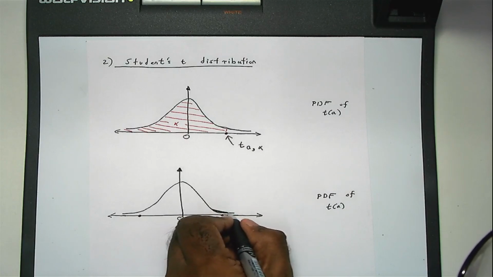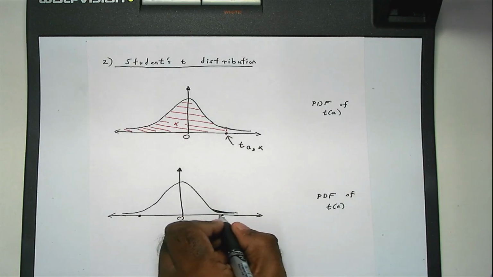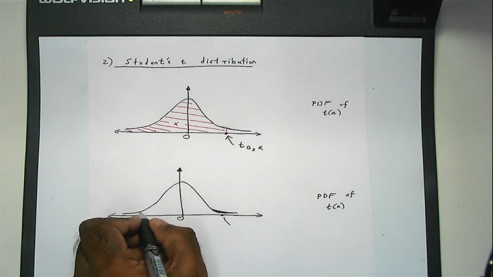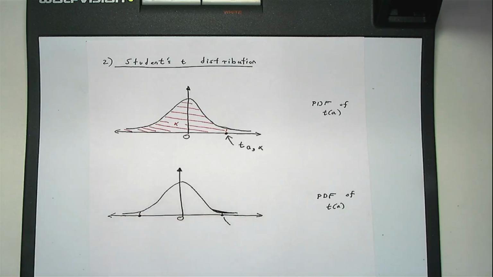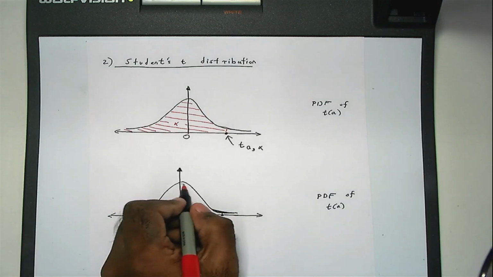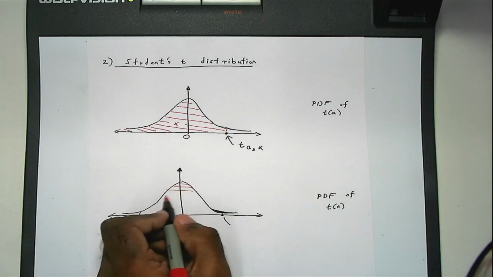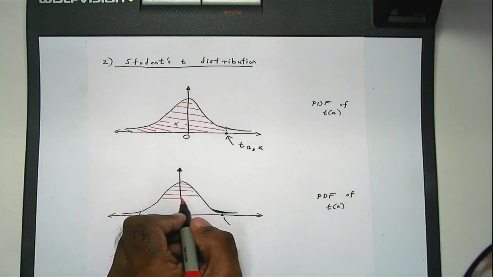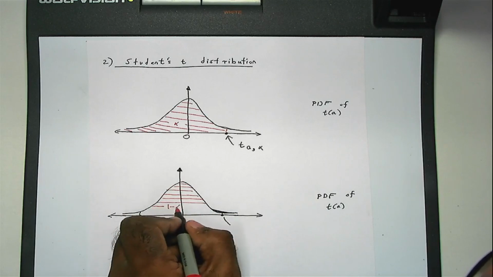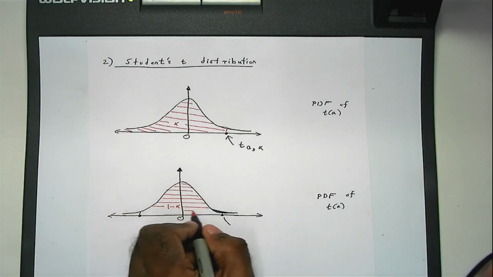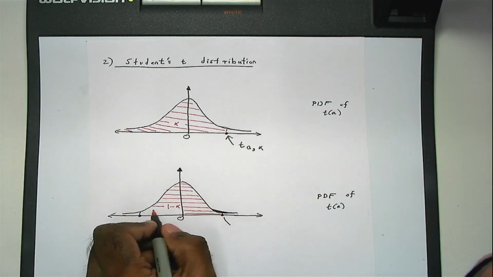Let's suppose that the area between these two, that is this area here, this area is 1 minus alpha, right?